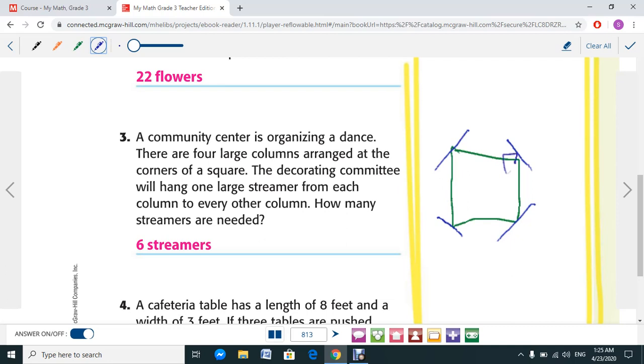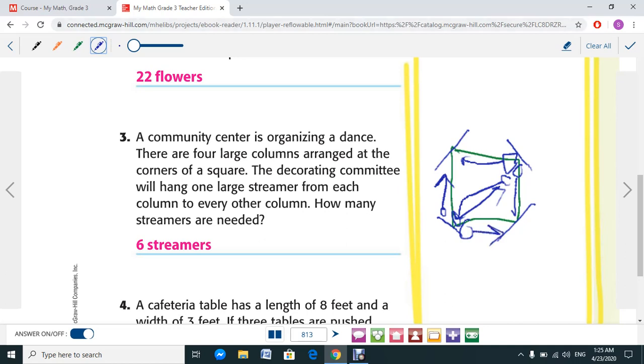So they will put one here to give to here, and they will put one to give to this side, and will put a third one to give to this side. And the same for this side. They will put a streamer to give here, one here to give to this side, and one to give to this side.